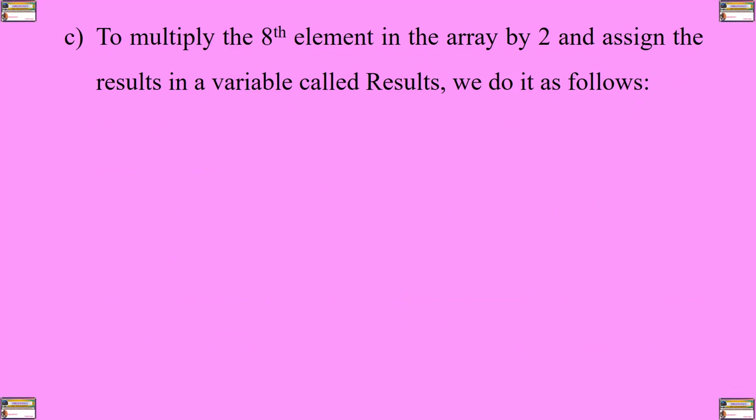To multiply, for example, the 8th element in the array by 2 and assign the result to a variable outside of the array, for example, called results, we can do it as follows.